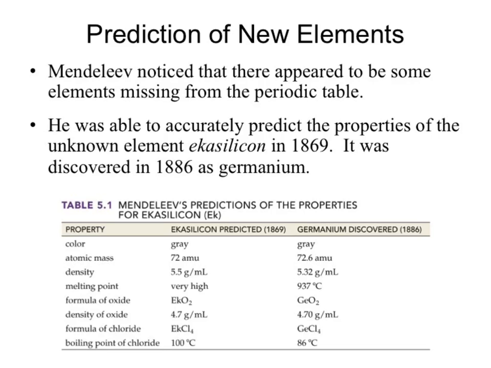He's predicting physical properties off of this? Melting point. Nice and descriptive. Good job. Okay. He's got all of these particular properties that he's predicting to be true. In 1886, we actually discovered what that element was. How close are his guesses? Pretty good. Pretty ridiculous.